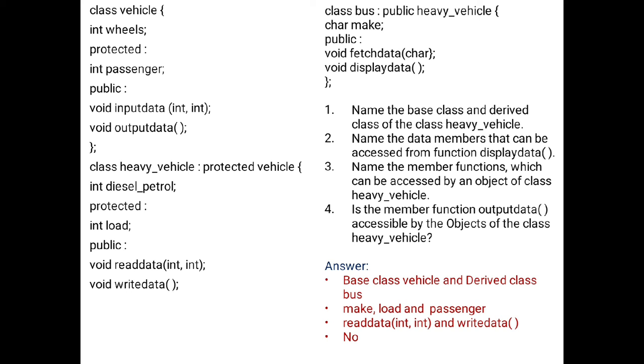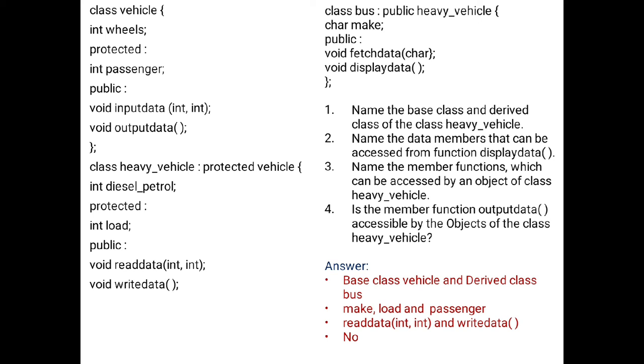Now, again, if we go to the next class, class bus, this class bus is inheriting from the class heavy vehicle. So this class bus is derived from the class heavy vehicle, and it is publicly accessing the members of the class heavy vehicle.